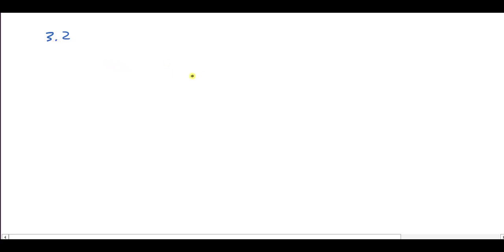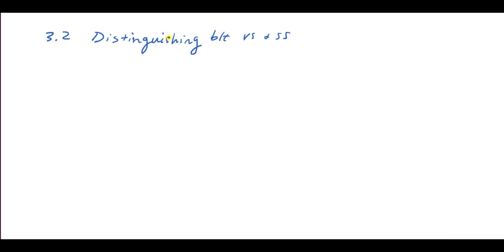Okay? Now, how do we distinguish between these two? It's actually not too difficult to do this if you'll keep a few simple rules in mind. Let me create some little boxes here to help with this.